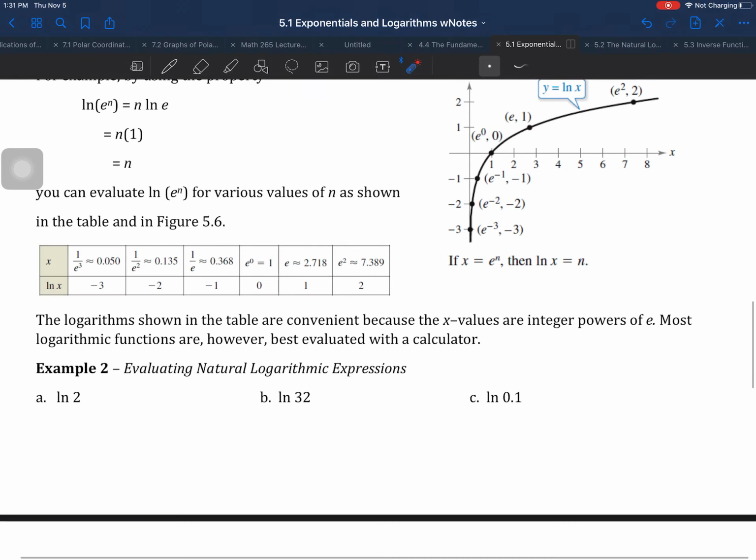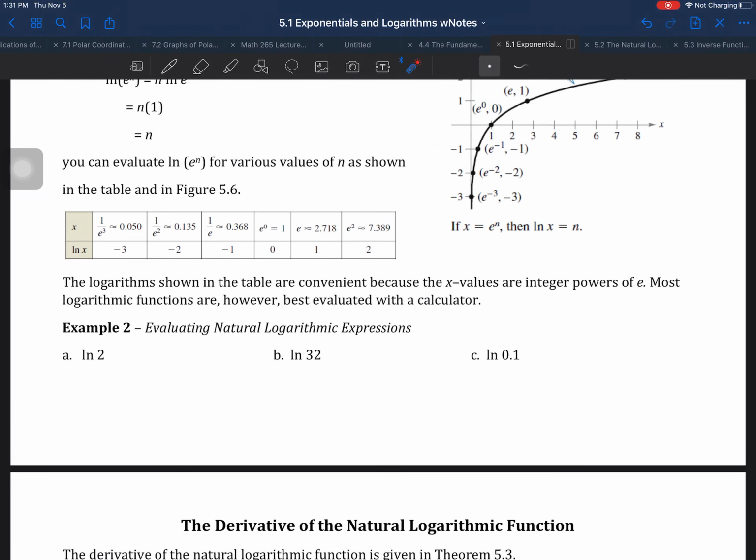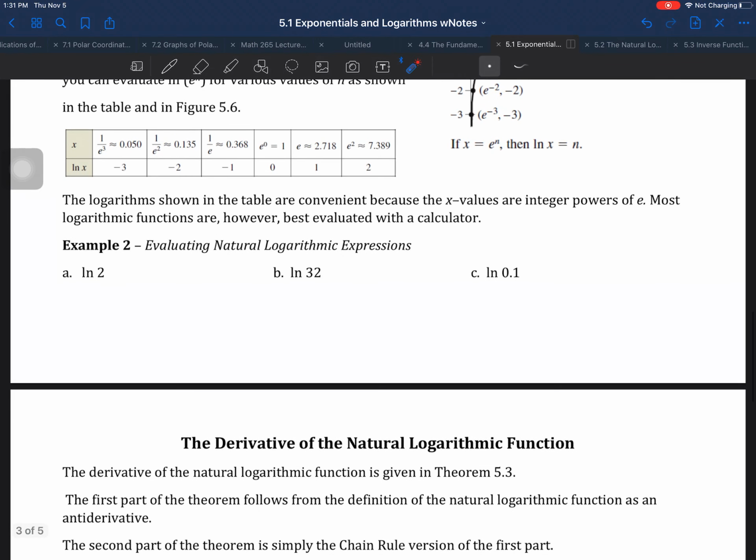The logarithms shown in this table are very convenient because the x values are very easy to interpret. They're just a few integers, powers of e. Most logarithmic functions are, however, best evaluated with a calculator. For example, the natural log of 2. If we want to find the natural log of 2, we will have to turn on our calculator.